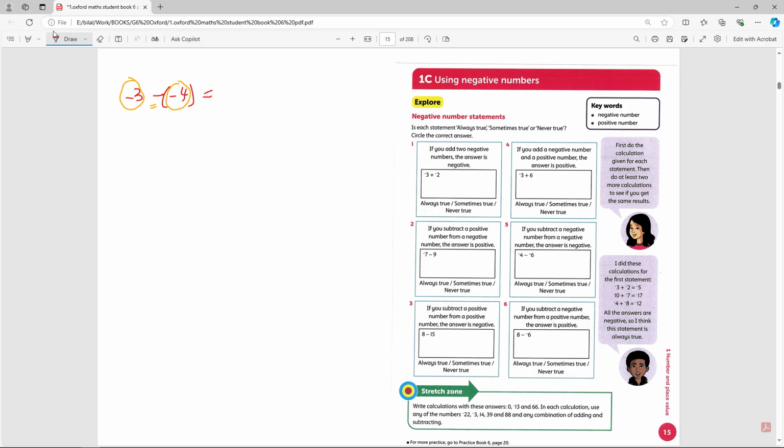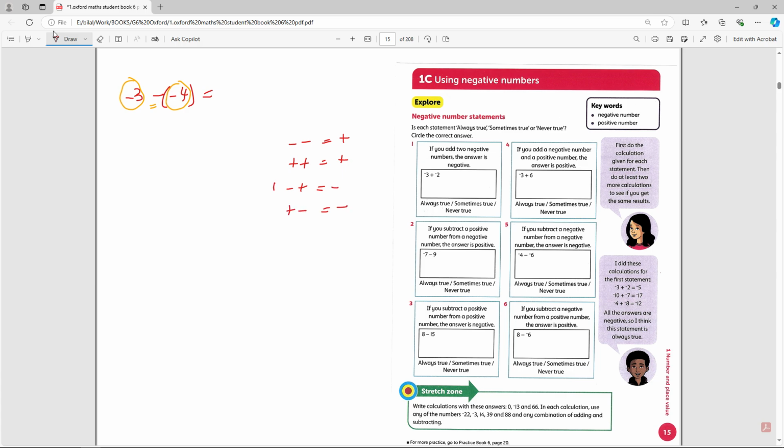And then what did I say last time? If you have these kinds of signs, negative, negative, same signs, it's positive. Positive, positive, it's positive. But when the sign is different, the answer is always negative. So here, same sign.